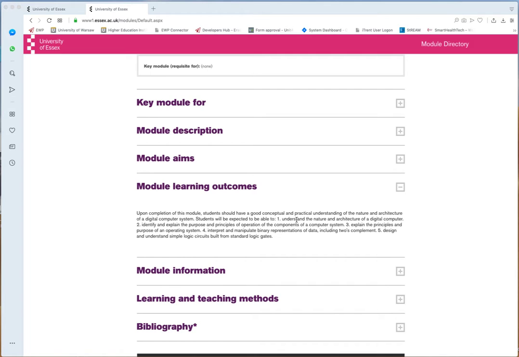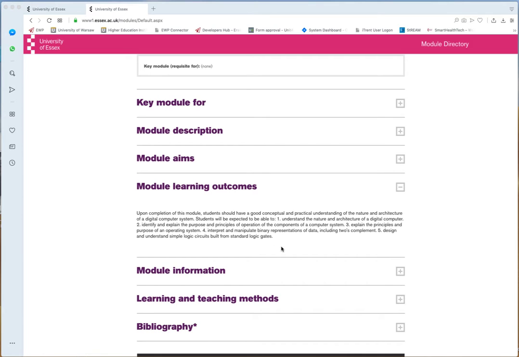Understand the nature and architecture of a digital computer, identify and explain the purpose and principle of operation of the components of a computer system, explain the principles and purpose of an operating system, interpret and manipulate binary representations of data, including 2's complement, design and understand simple logic circuits built from standard logic gates. So these are the learning outcomes at module level that would be assessed.